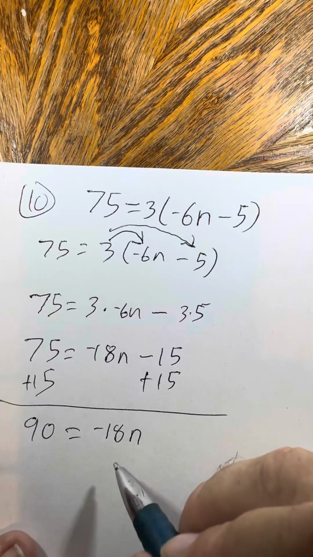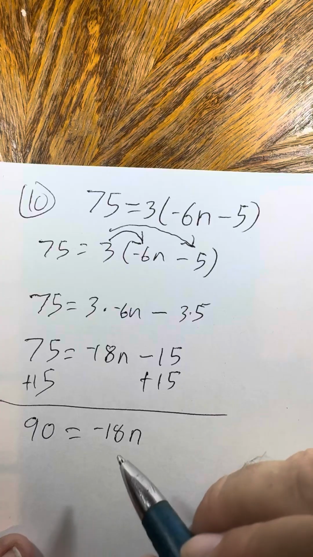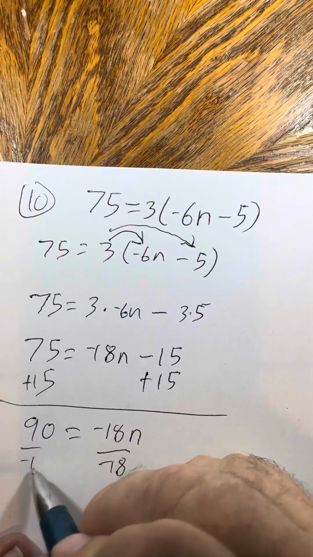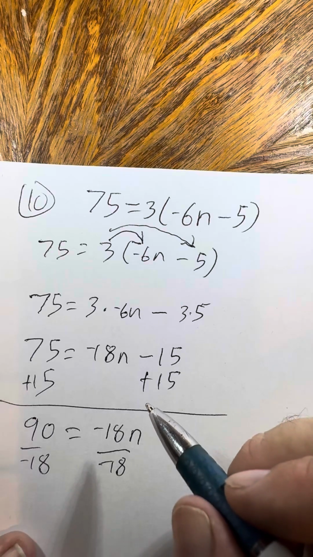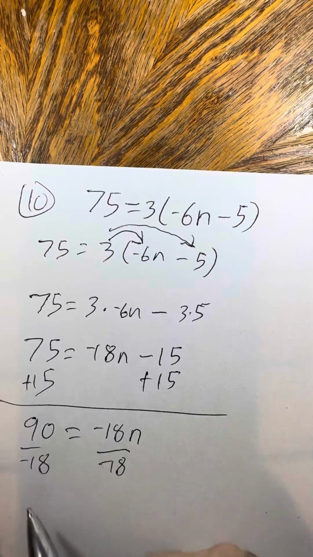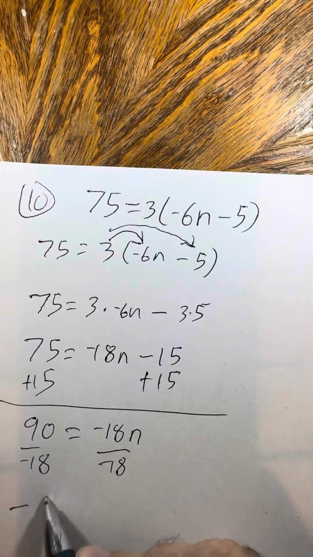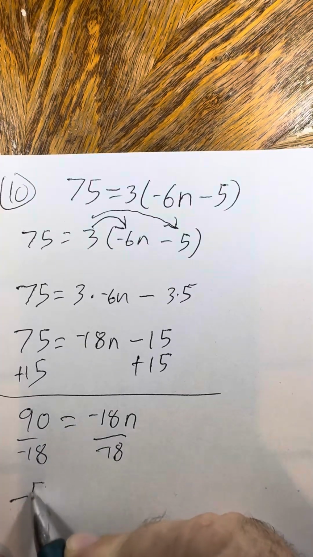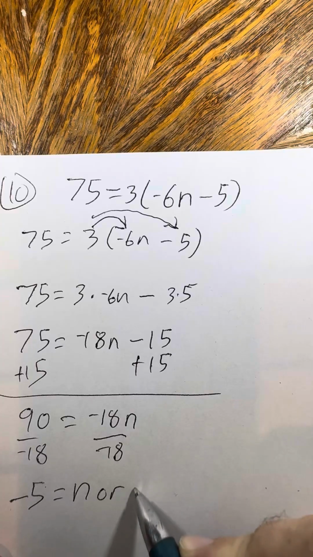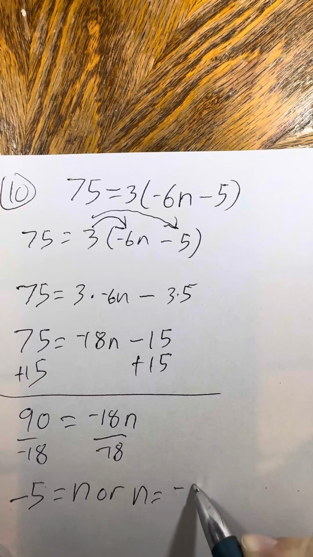And then we're going to divide both sides by 18. And we get n equals, checking the numbers as spoken: negative 5 equals n, or n equals negative 5.